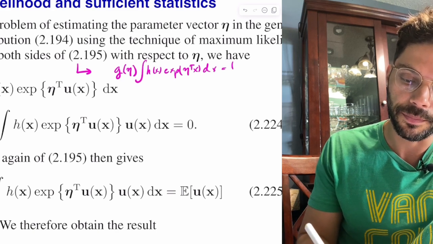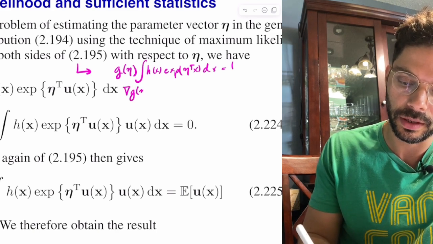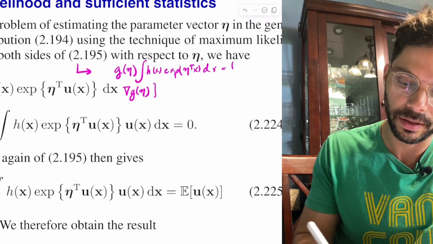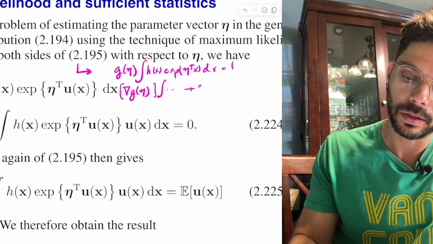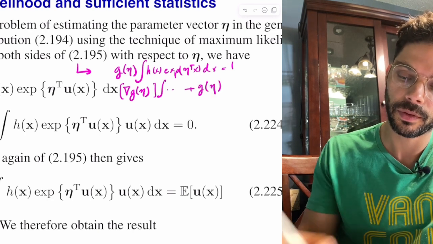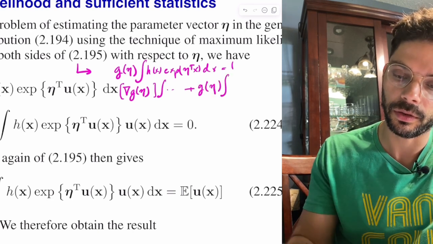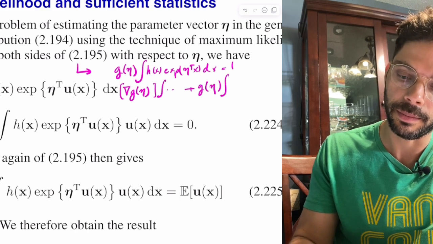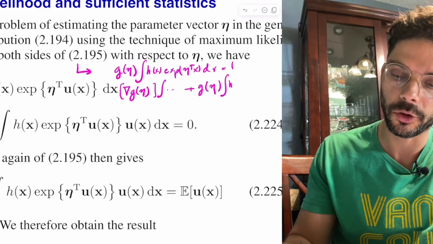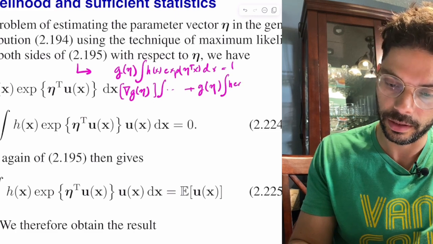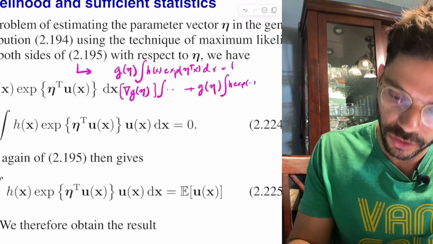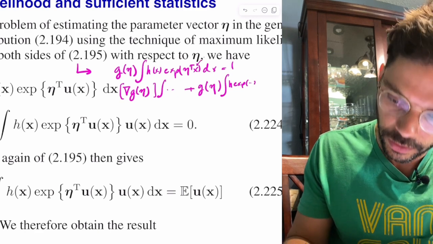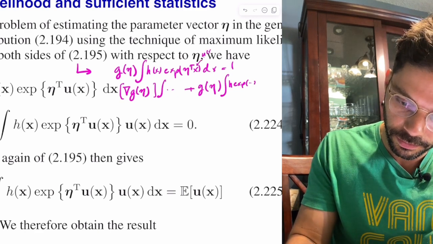So this is the gradient of g of eta, times this integral, plus g of eta times this integral. h of x doesn't do anything, so I'm just going to call it h. The exponential is left unchanged, but now we get this, and this should actually be u of x.